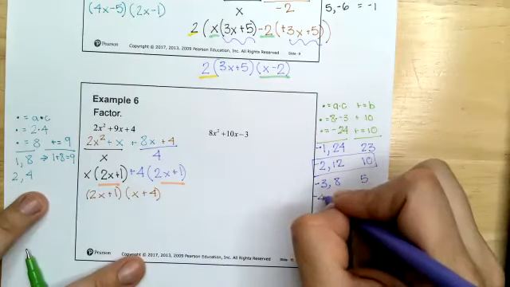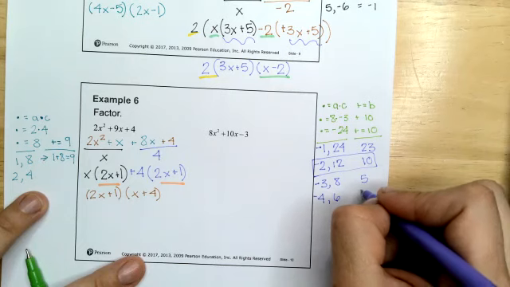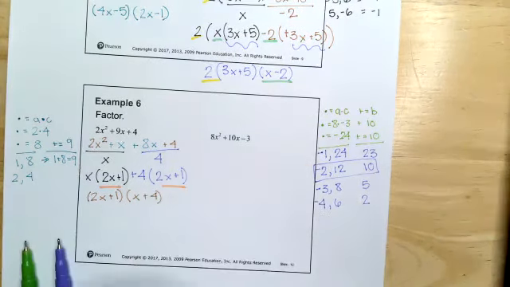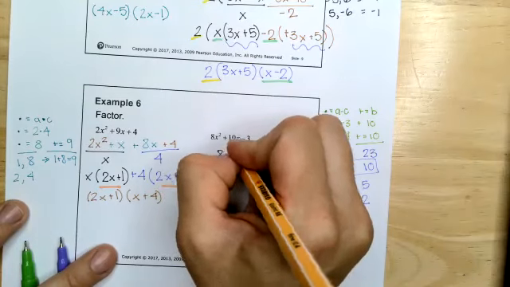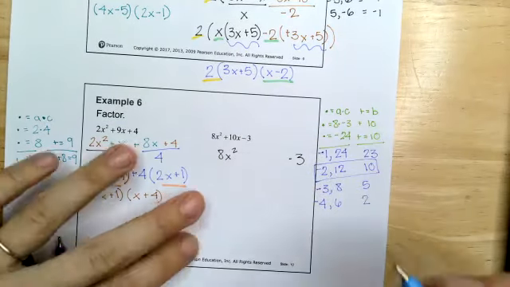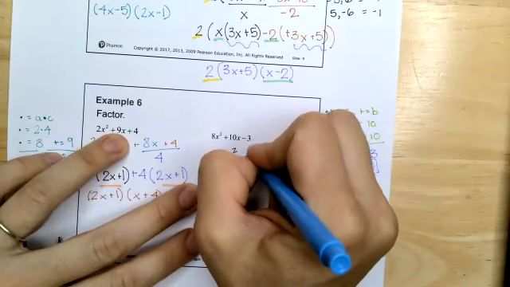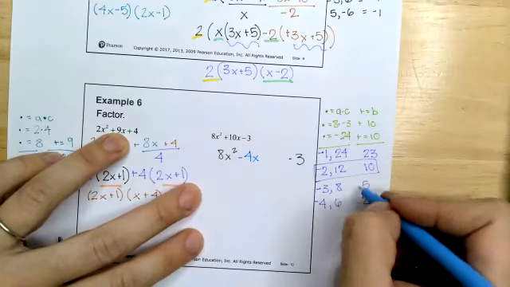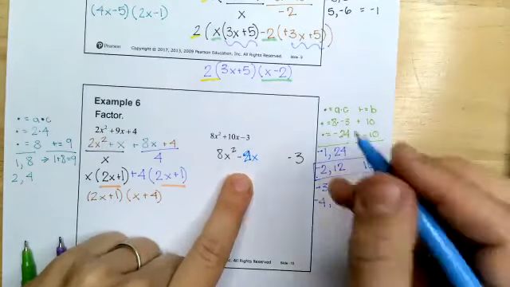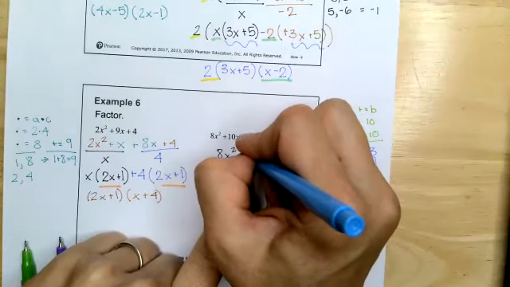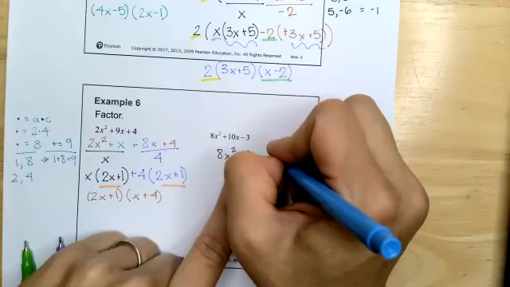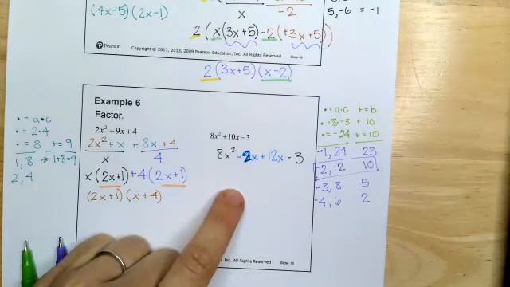Negative 4, positive 6 is going to give me a 2. So keep the 8x squared, keep the negative 3, but make that positive 10x into a negative 4x. Oh, sorry. Negative 2x. I went too far and confused myself. Negative 2x and a positive 12x. Good?